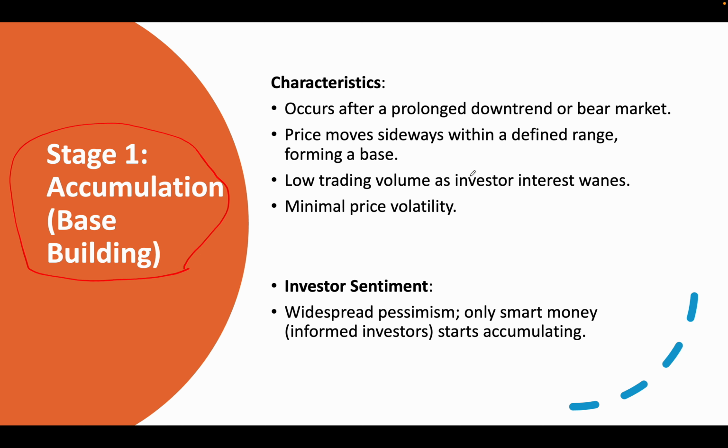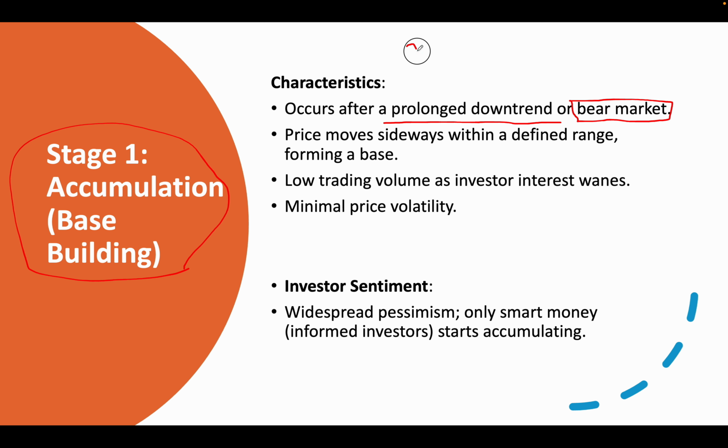So what is stage 1? That is the basing stage. These are the four characteristics of the basing stage. Number 1, it occurs after a prolonged downtrend or a bear market. This is important: stage 1 happens usually after a downtrend.